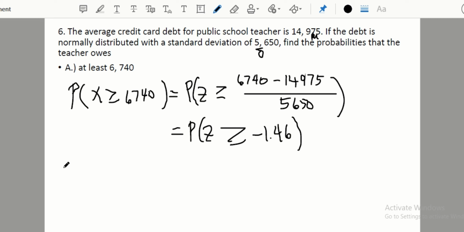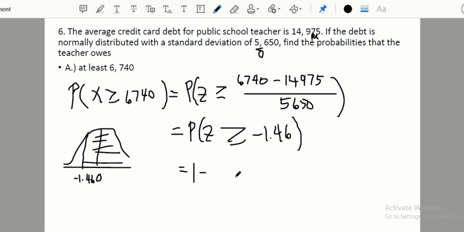Okay, so if we draw this one, again, this is greater than, so negative 1.46 is somewhere here. So greater than, so we'll be needing this area. So this is now 1 minus the area to the left of negative 1.46.